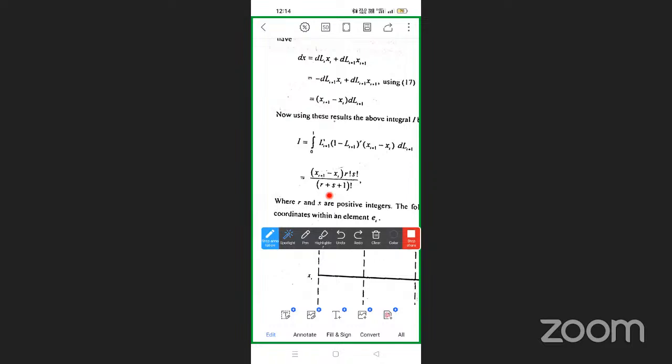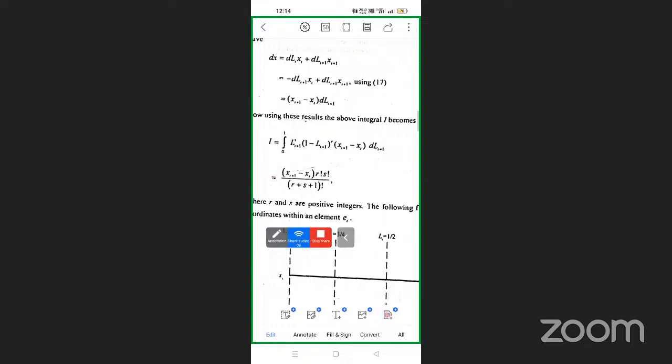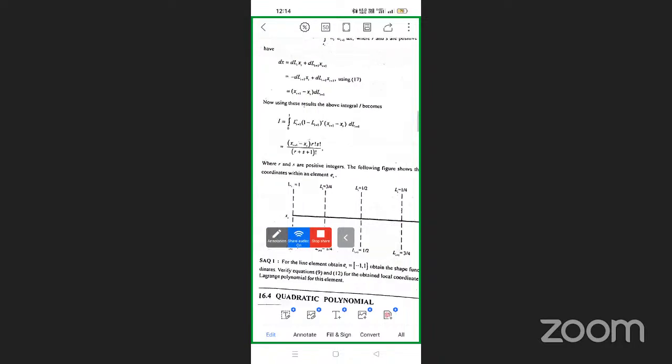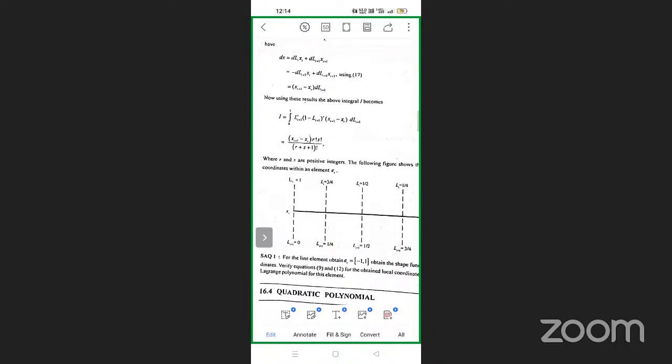So this is the formula for integration, where r comma s are positive integers. Therefore, the following figure shows the variation of local coordinates within an element E.